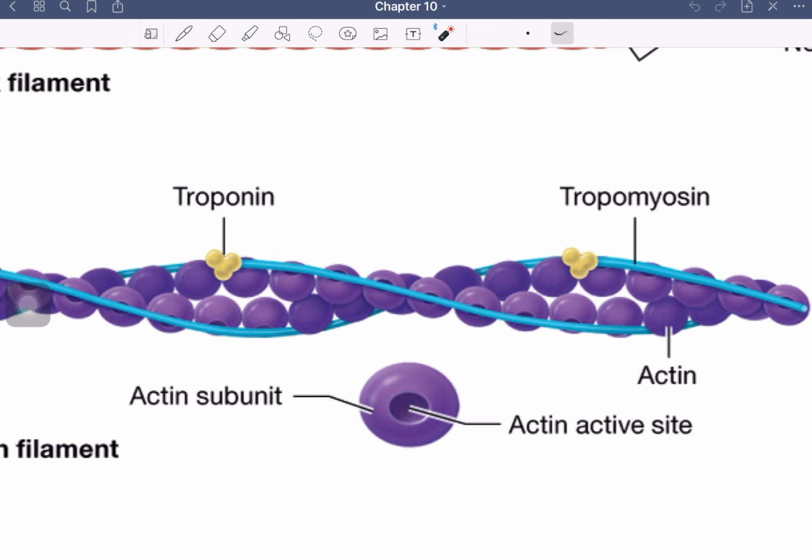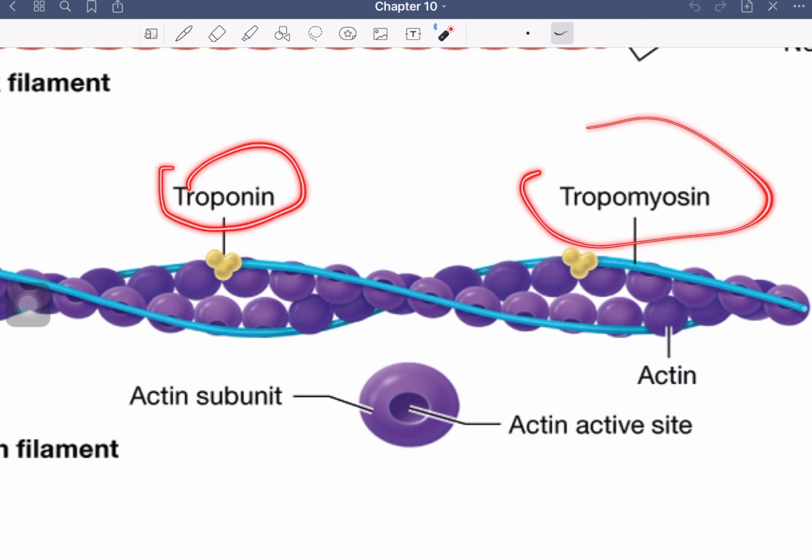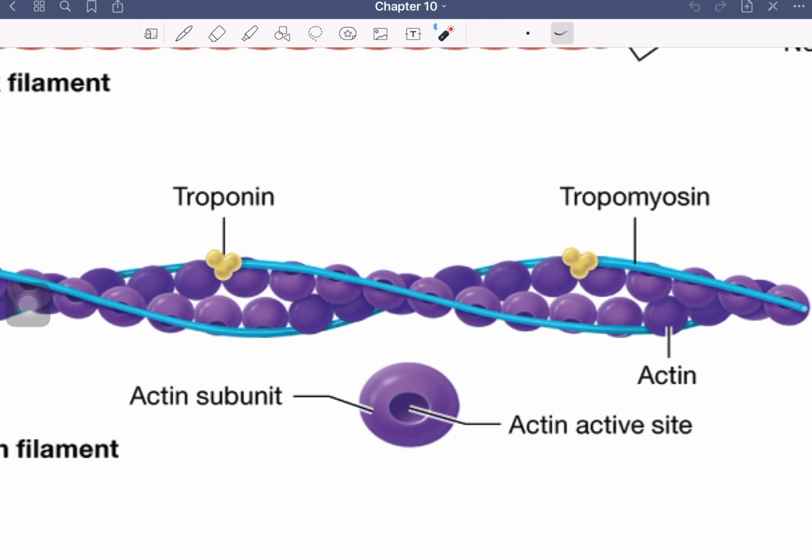But this tropomyosin sits and covers up those binding sites. Now, attached onto the tropomyosin is troponin. It sits on top of it. So if I want actin and myosin to bind, somehow I'm going to have to move the tropomyosin out of the way to expose those binding sites.